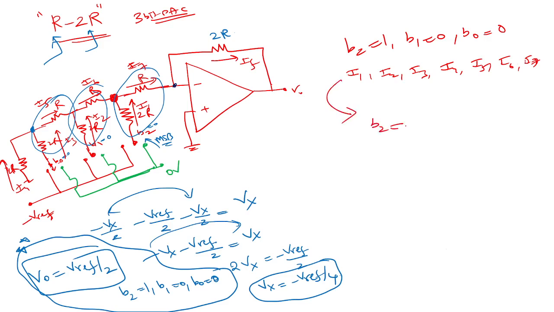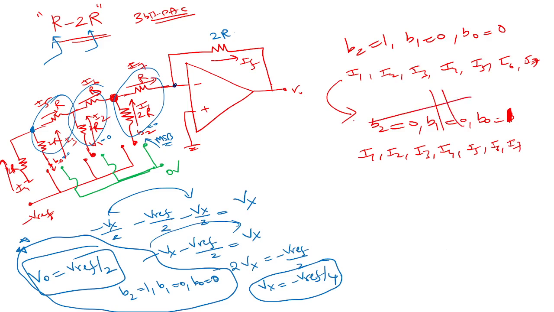Suppose B2 is 0, B1 is 0, B0 is 0, or B0 is 1. This I1, I2, I3, I4, I5, I6, I7, they are not going to be the same. The current magnitudes will change. If the current magnitudes change, then the heat dissipation across the resistor changes.